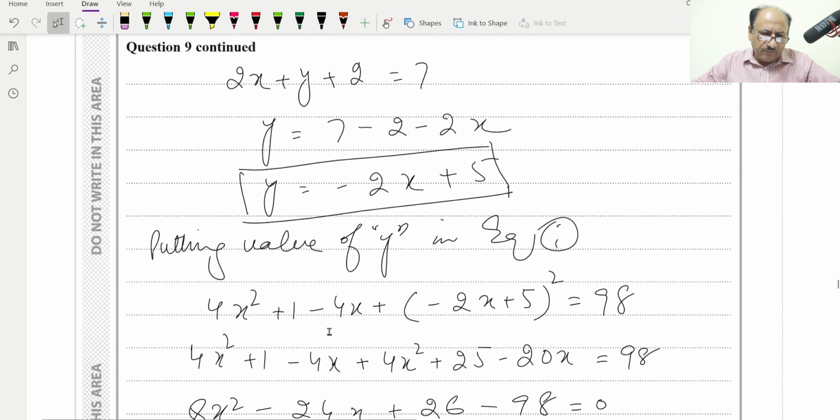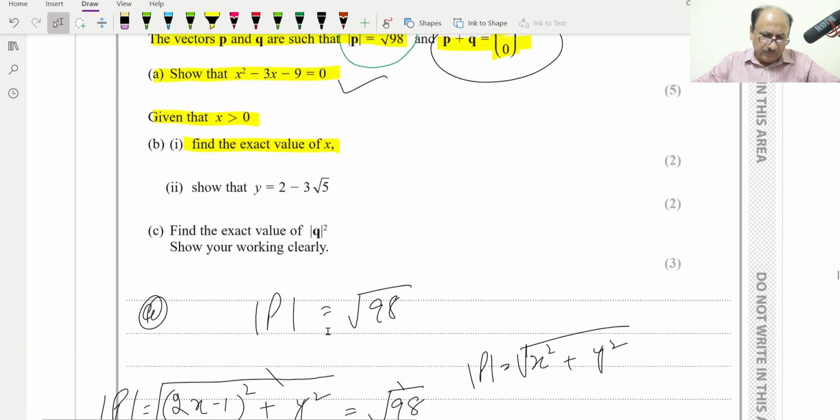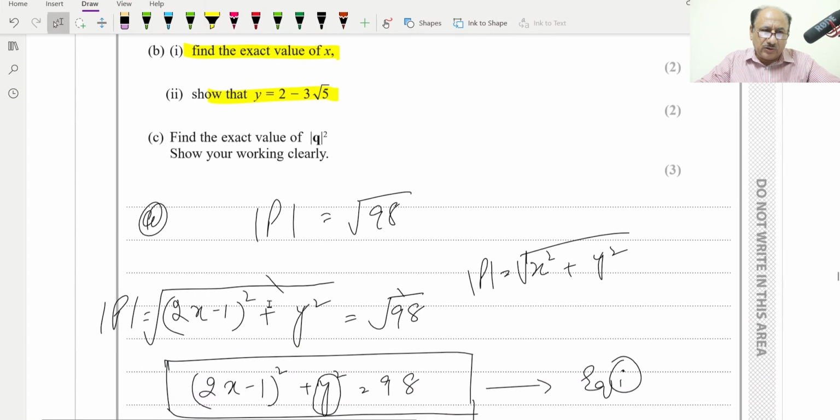Now we can check the C part. The C part is saying to show that y is equal to 2 minus 3 under root 5. So this is what we have to show.